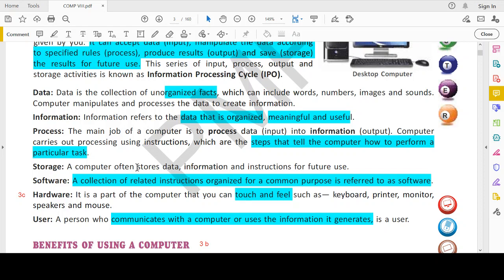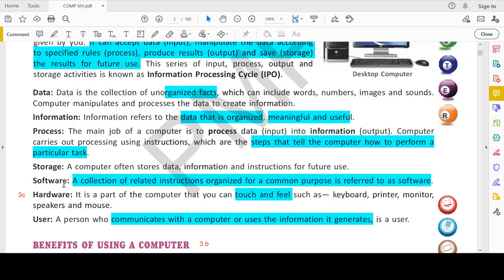So RAM will lose all its contents. So it is required to store the data on the hard drive. As soon as you save it, it is stored in the hard drive of the computer and you can use it in the future.